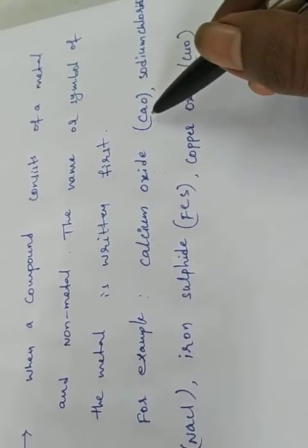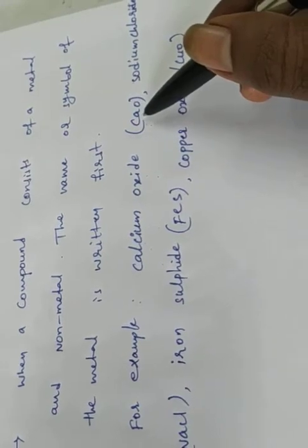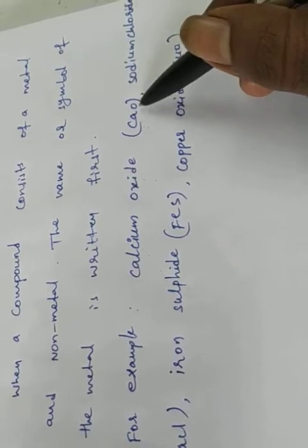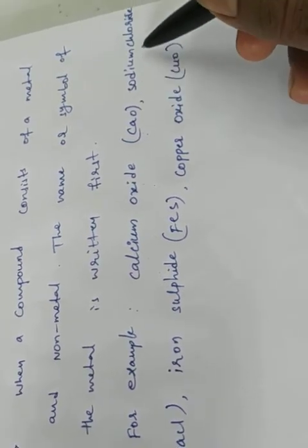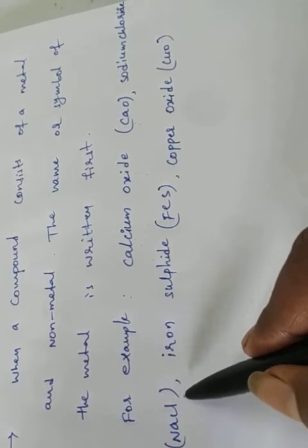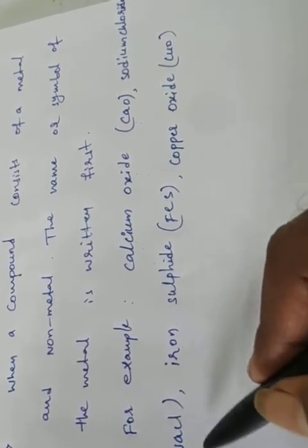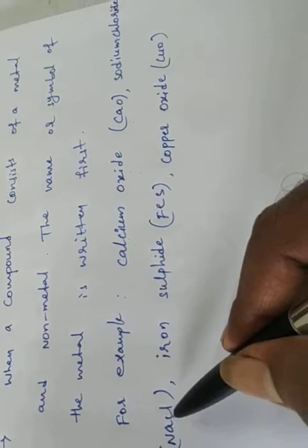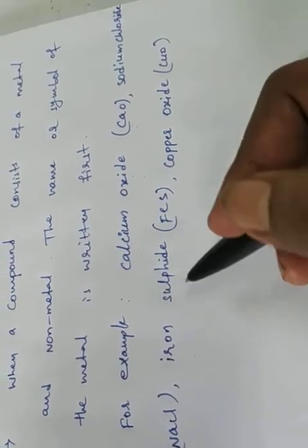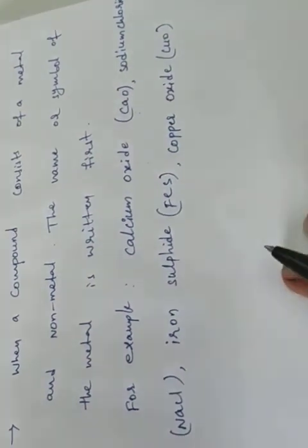In the same way for the formula, we write the symbol of the metal first, then the symbol of the non-metal. For any compound consisting of metal and non-metal, we write the metal name and symbol first, then the non-metal name and symbol. Okay, this is our rule.